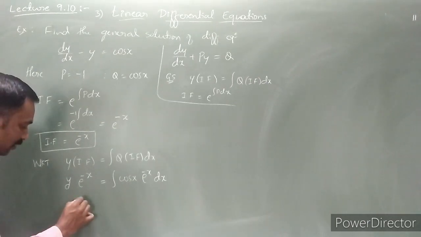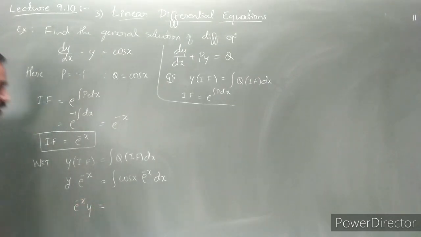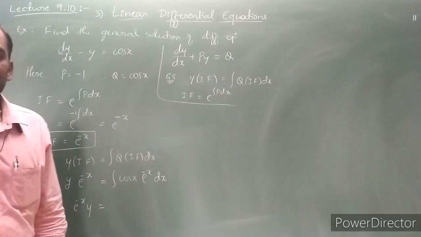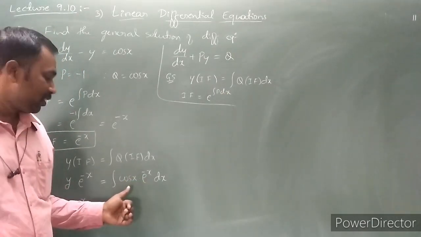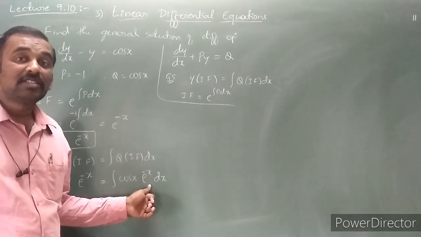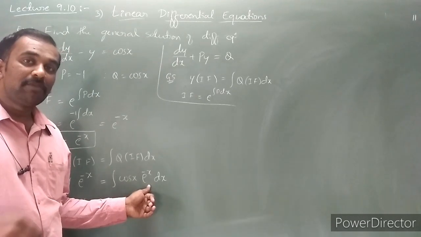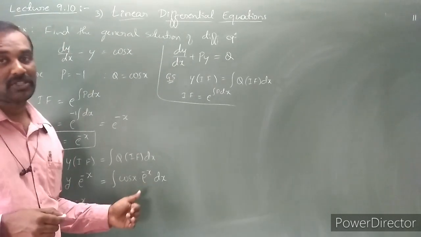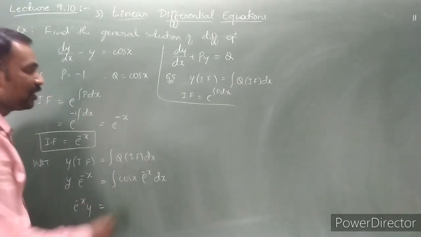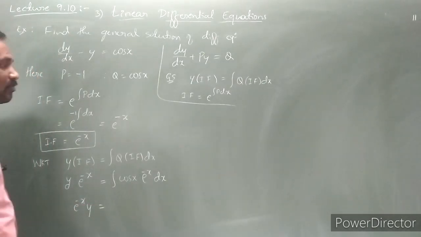So here e power minus x into y is equal to integration of cos x into e power minus x. How to integrate? It is a product of two functions. This one is a trigonometric function and this one is an exponential function, which is treated as an inverse function, because e power minus x is first of all considered the inverse function. So use integration by parts.